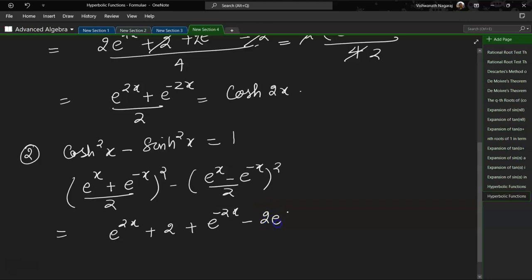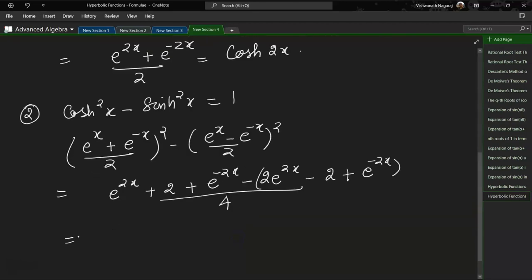Minus 2e to the power of 2x minus 2 times e to the power of x times e to the power of minus x is 1. And we have plus, here we will have a bracket, plus e to the power of minus 2x by 4. Okay, let's open up the bracket. e to the power of 2x plus 2 plus e to the power of minus 2x minus e to the power of 2x.